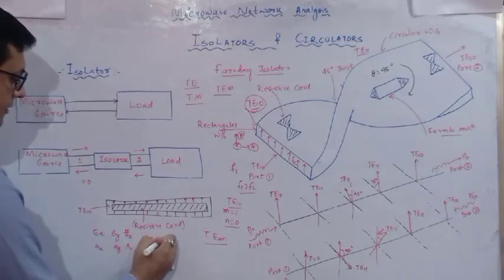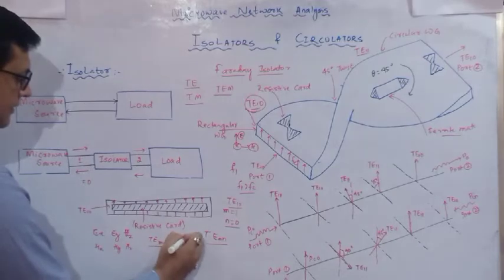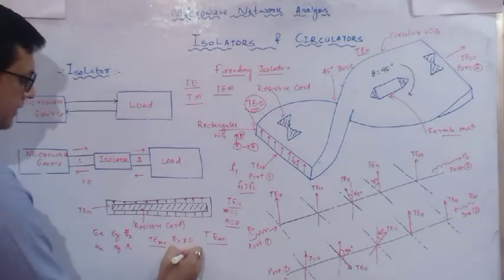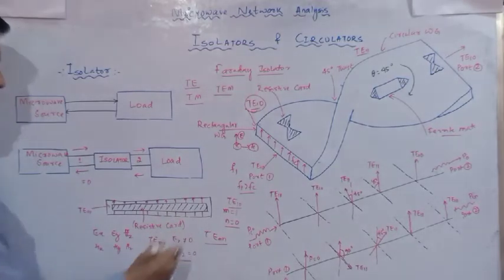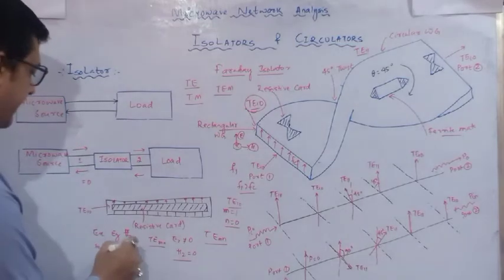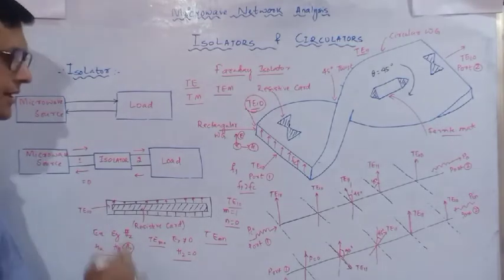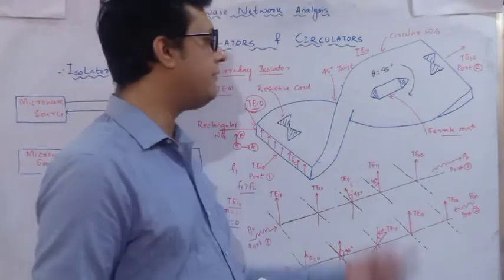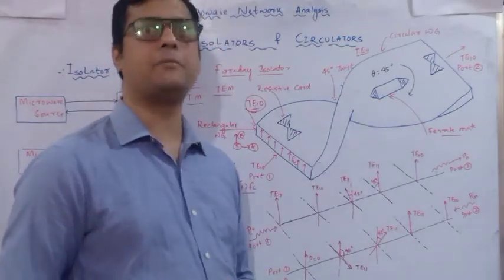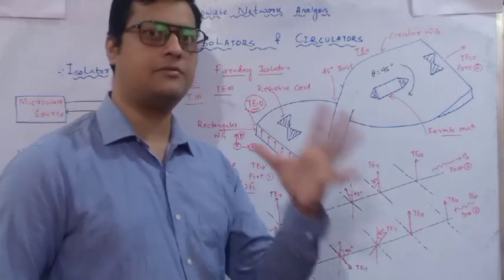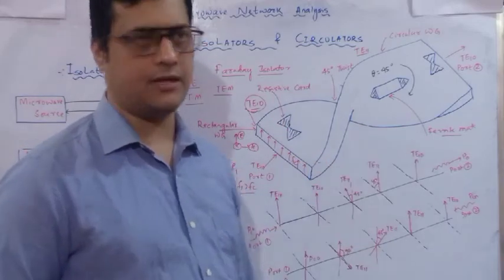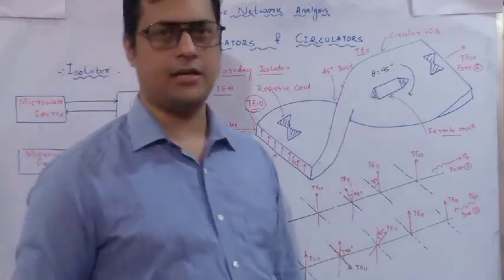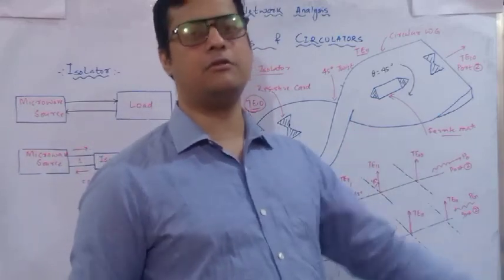For TE mode, Ez is not equal to 0 and Hz is equal to 0. This is the condition. If Hz is 0, the other parameters are x and y, so those x and y magnetic fields will be absorbed by this ferrite material. It is a good absorbent of magnetic fields. It will absorb the magnetic field and only the electric fields are going to propagate.